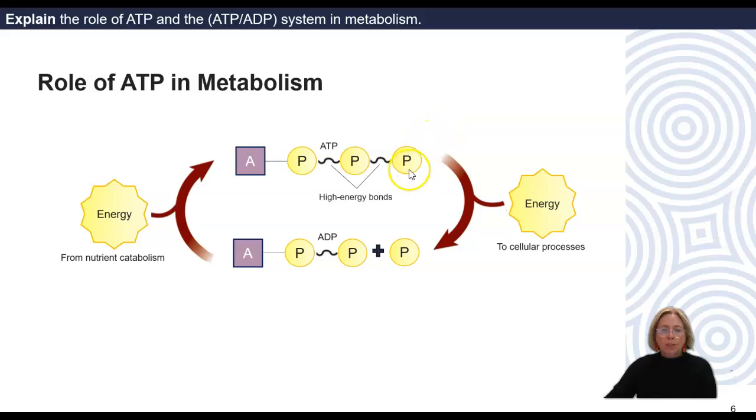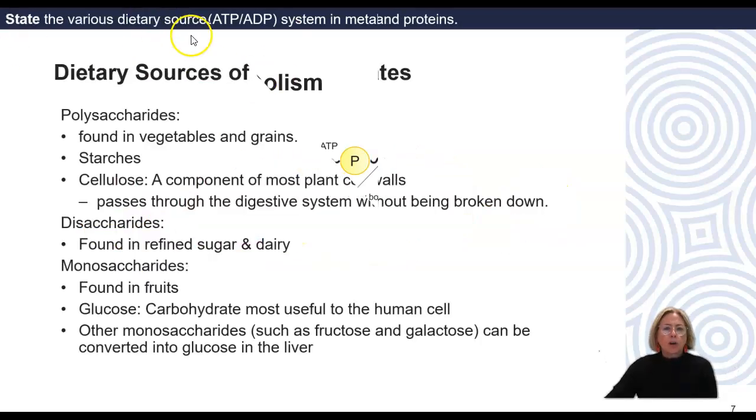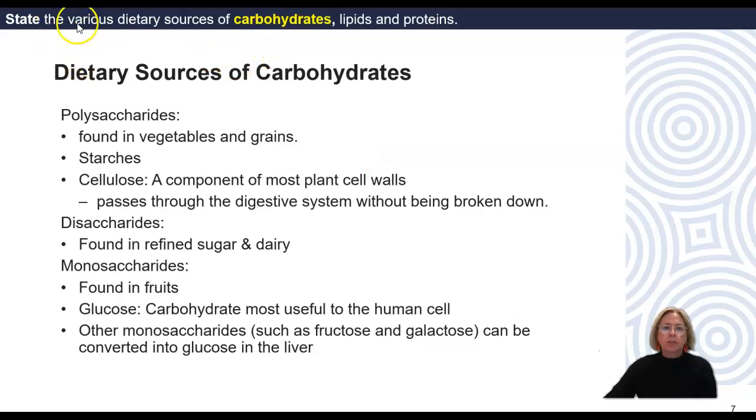When water is added and the phosphate breaks free, that releases energy to do cellular work or processes. The ADP and the phosphate can then be used to resynthesize ATP, and this involves energy input from nutrient catabolism.